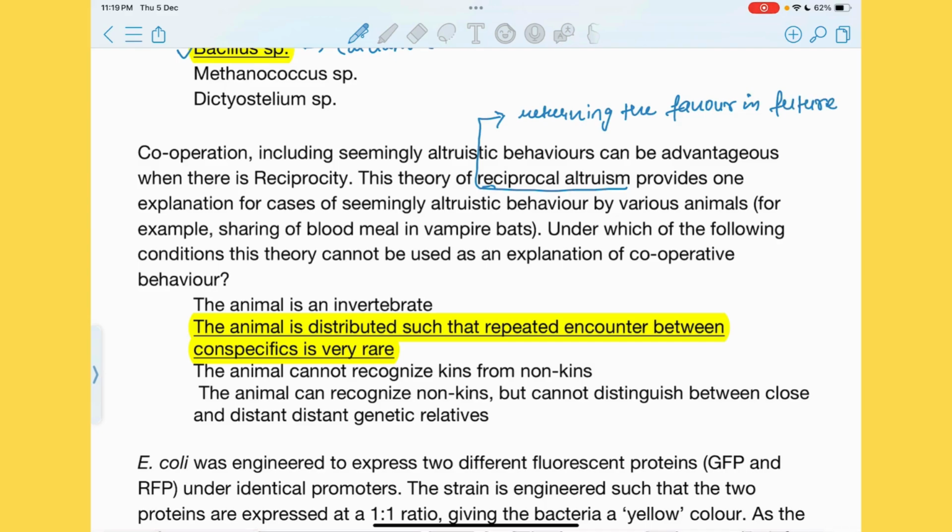There are two more important conditions for this: there should be frequent interaction between the organisms of the species, and secondly they should have recognition of which individual is providing the benefit, and a memory.